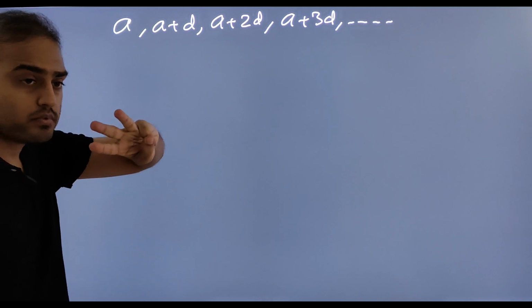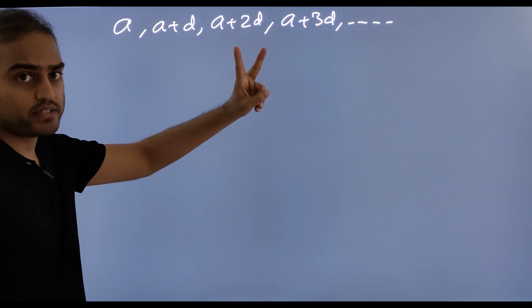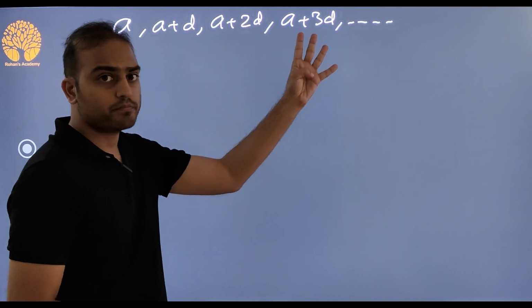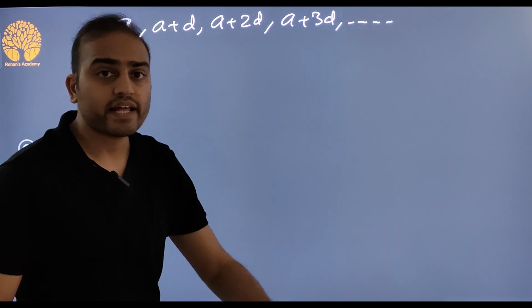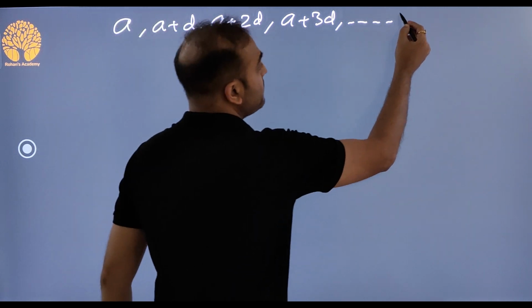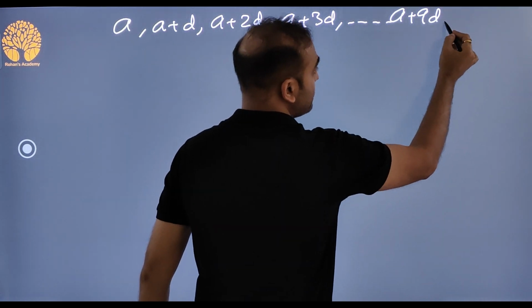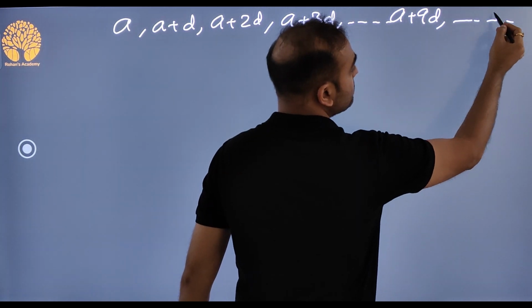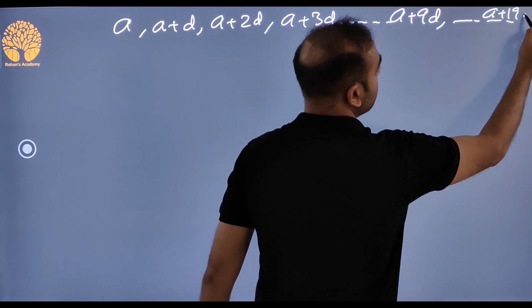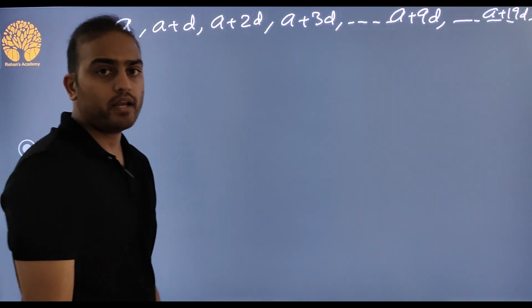For the third term, we added D twice. For the fourth term, we added D thrice. So what will happen for the 10th term? For the 10th term, we will add D 9 times. Similarly, for the 20th term, we will add D 19 times.